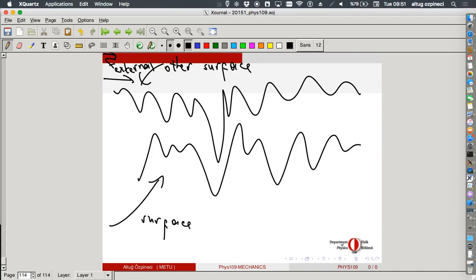If you rub two surfaces, especially in sandpaper, you see some parts of one surface left on the other surface. Either this should break, or the separation between the surfaces should increase slightly so that these two surfaces will not be intertwined with each other. So they should just slide a bit away from each other, and then they will start sliding.